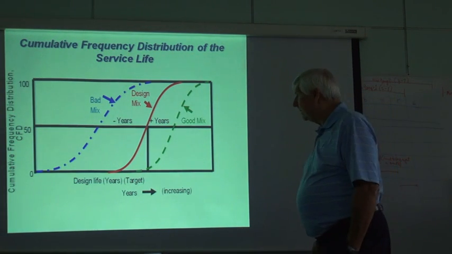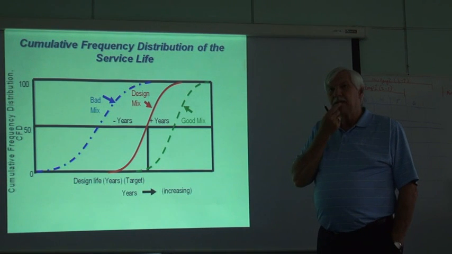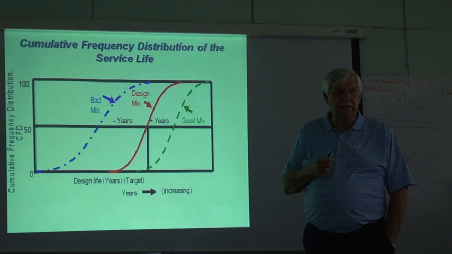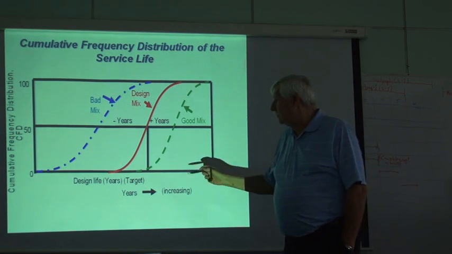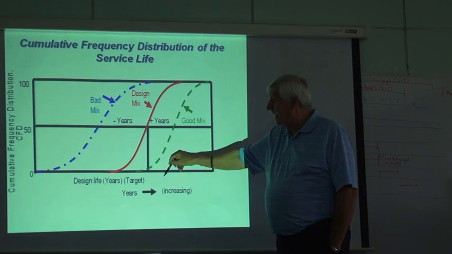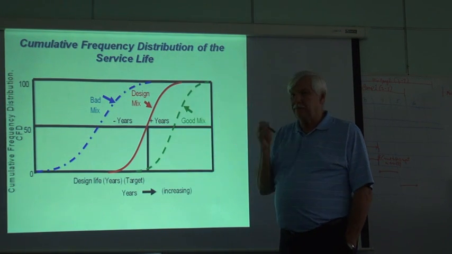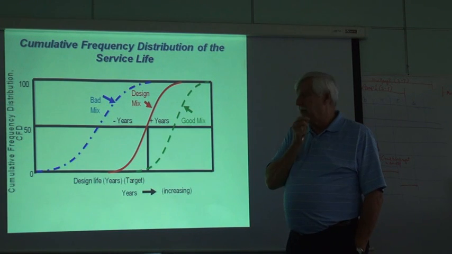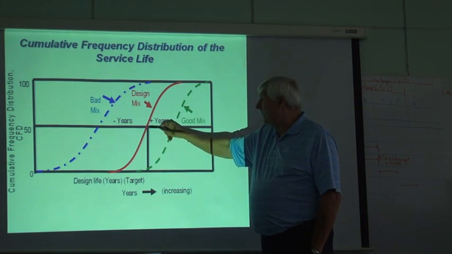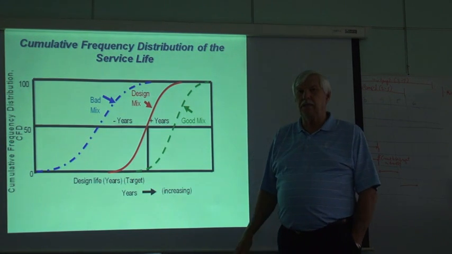As we start getting into how this thing works, again, we're not using a deterministic solution, we're using a probabilistic solution. So in reality, if I were to look at design life and my cumulative frequency distribution, on a 50, or the mean percentage, I may want to choose 20 years.